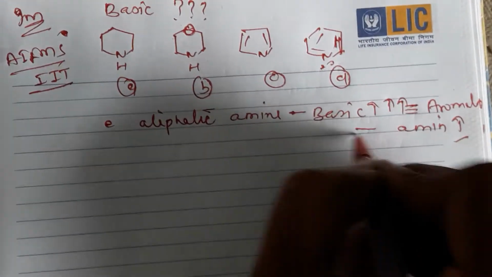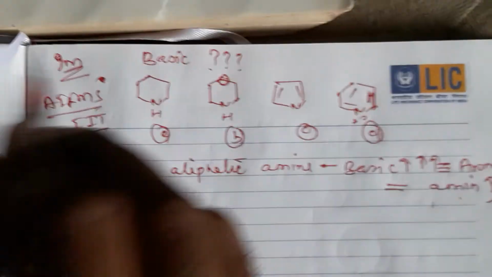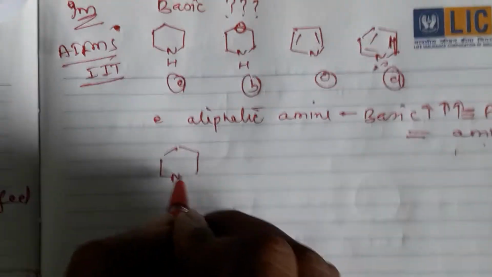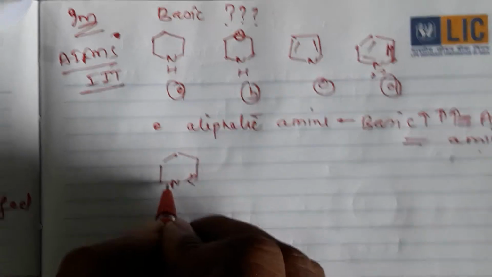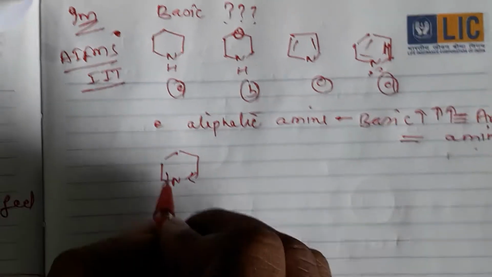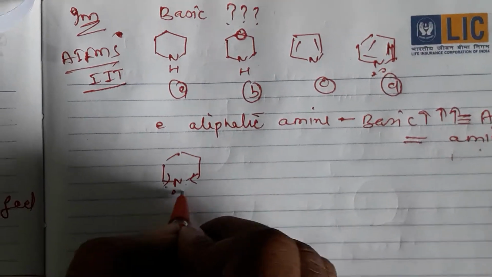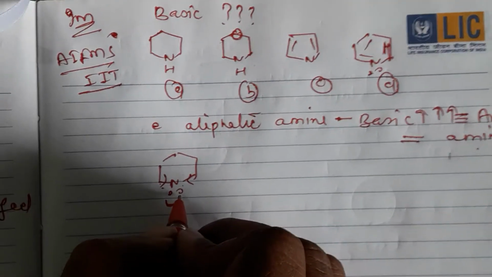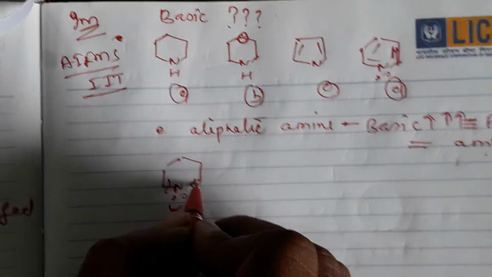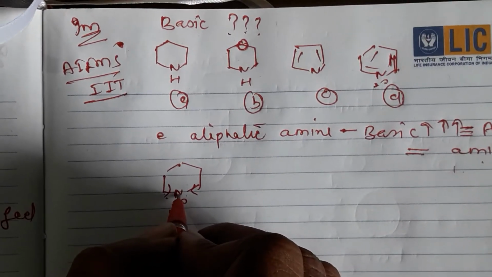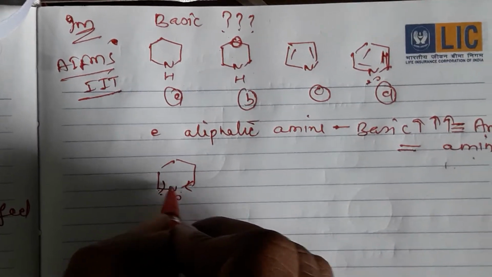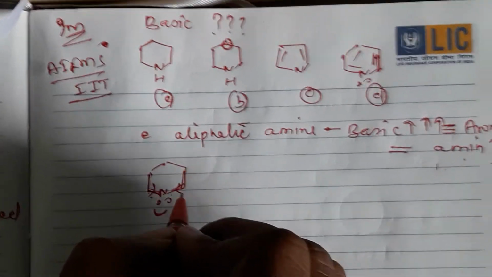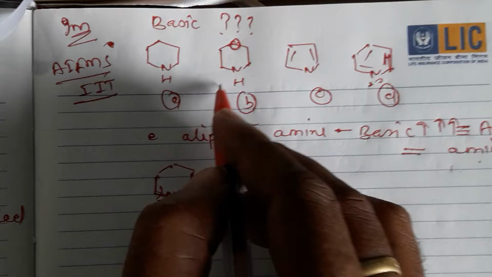Aliphatic amine is more basic as compared to aromatic amine. If you see this molecule, these are aliphatic carbon atoms. They donate electron to the nitrogen atom, so that's why it is more basic. The lone pair is also free, and it feels that it accepted electron density from these aliphatic carbons. So it will be much more basic as compared to this.